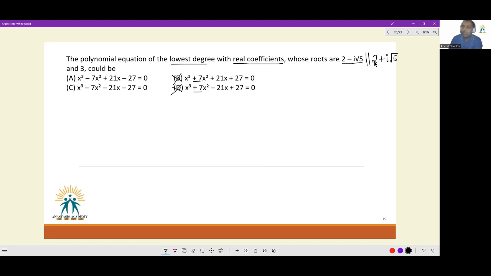2 minus i root 5 into 2 plus i root 5. How much will they give us? 4 minus 5. Yes, 4 minus 5. Then 2 minus i root 5 into 3 will give me 6 minus 3i root 5. This will give me 6 plus 3i root 5.